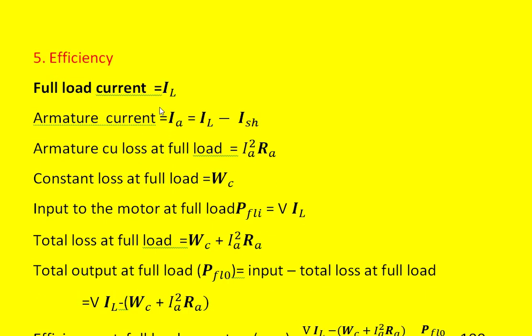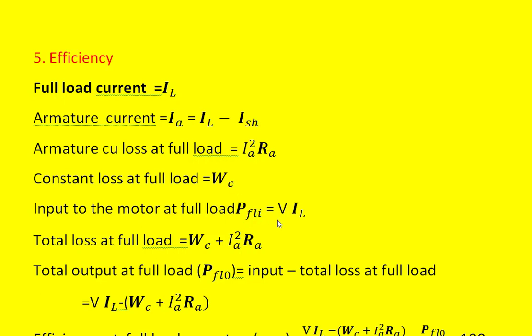Since we are considering the case of a DC shunt motor operating with full load current, we use those values: the full load current is IL, the armature current IA is equal to IL minus ISH, and the armature copper loss is IA square RA under full load conditions. We already calculated the constant loss from the Swinburne test.